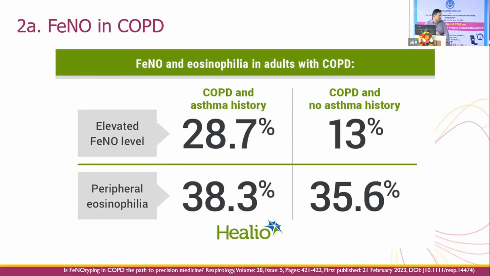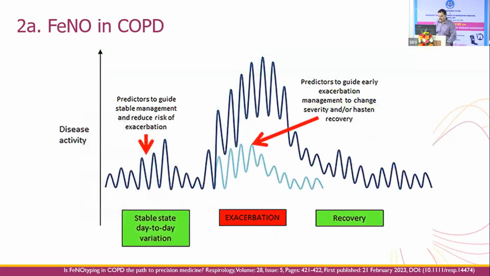Whatever, we know that overall, up to a third of patients with COPD can have peripheral eosinophilia, using a cutoff of more than 150 or 300, and they may have a higher exacerbation rate if you withdraw the inhaled corticosteroid. Using FeNO, you can actually separate these patients much better, whether they have a prior asthma history overlap or not. FeNO can give you, obviously not 100%, but a better separation between these particular subgroups because of the type of inflammation, which is slightly different.